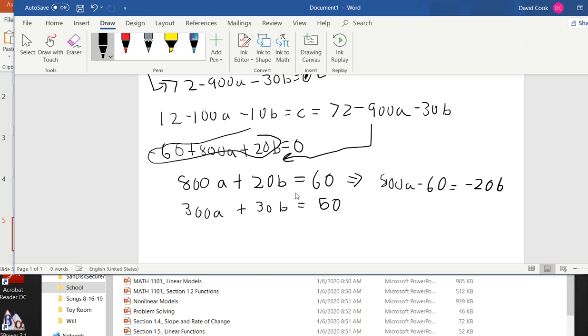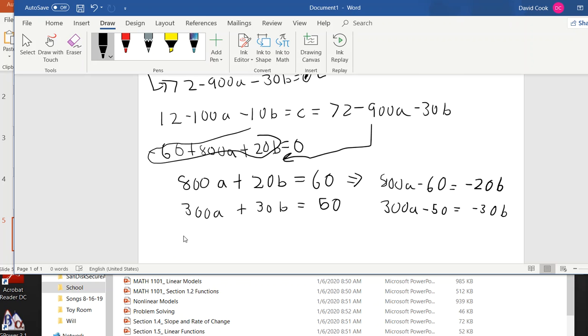So I move the 60 to the right, the 20B to the left, and then here I get 300A minus 50 equals negative 30B.